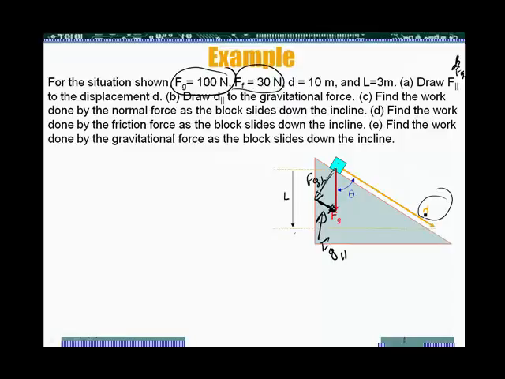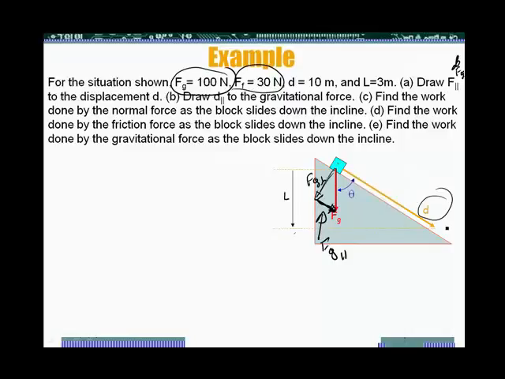Now the next question is to draw not Fg parallel, but draw how much of d is parallel to Fg. Now, if you think about it, when we go along this displacement, we are both moving down and moving horizontally, when we go down a ramp like that, down an incline like that.